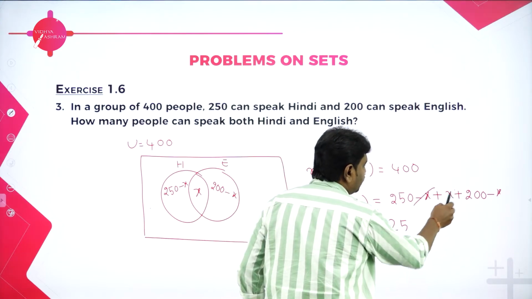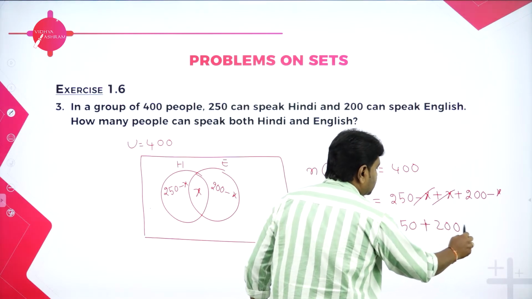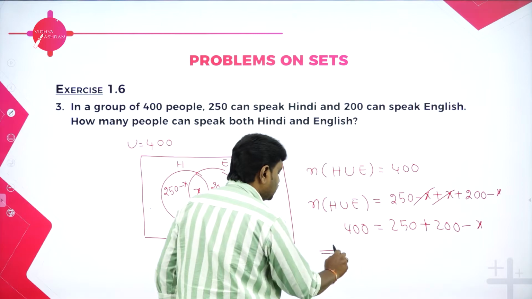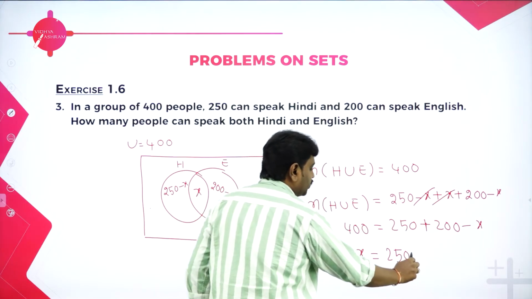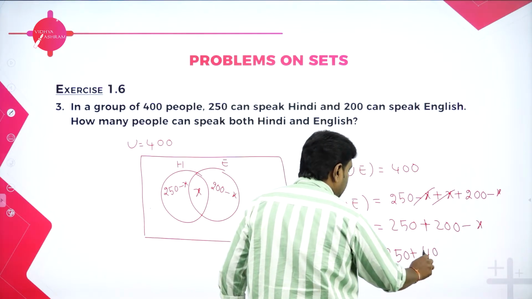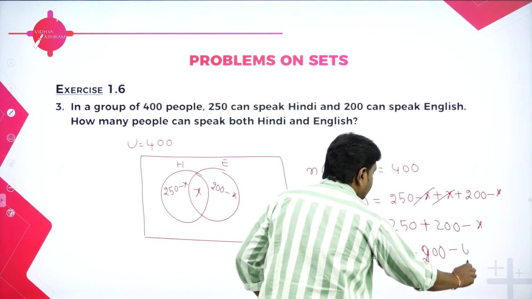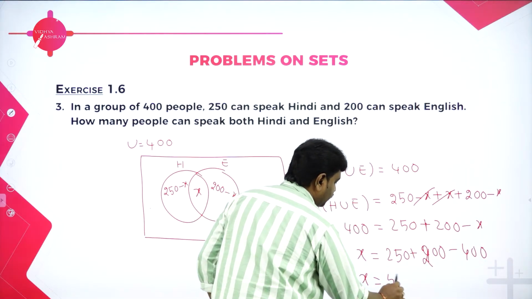Here I can cancel minus x plus x, then 250 plus 200 minus x. Transfer minus x to this side, so it will become plus x, and transfer 400 to that side, it will become minus 400. Rearranging, 250 plus 200 minus 400, so x becomes, if you simplify, 50.